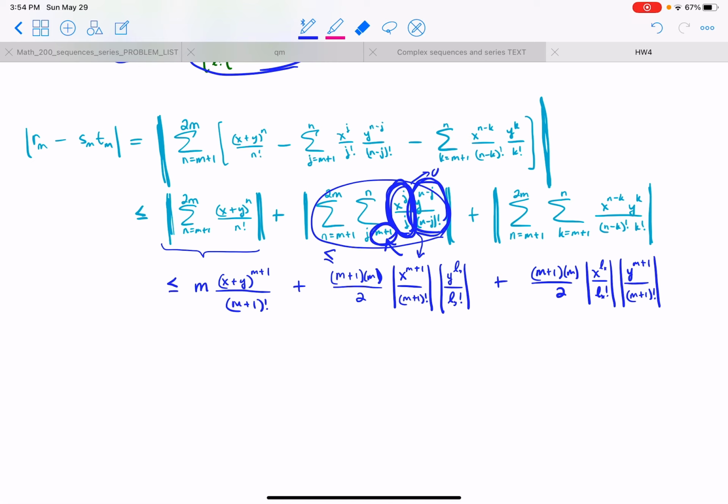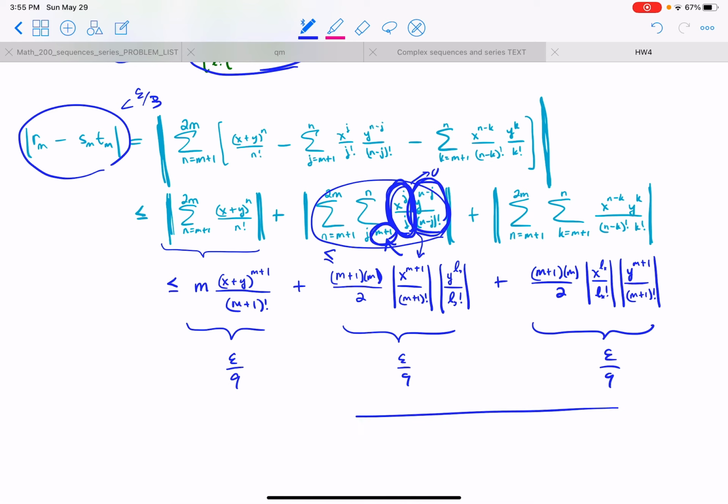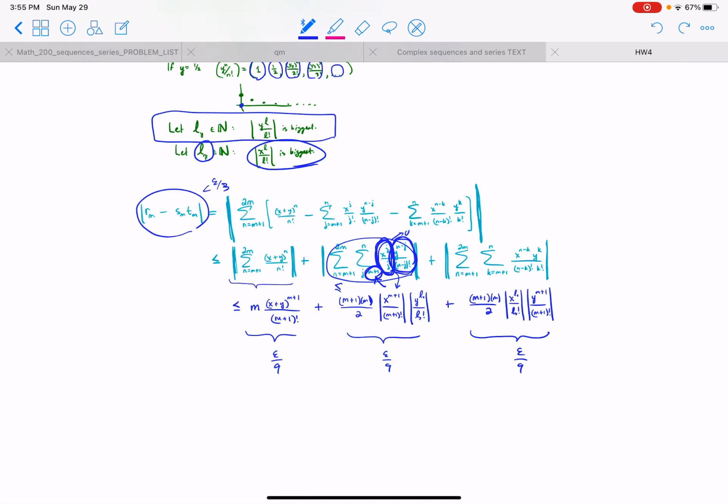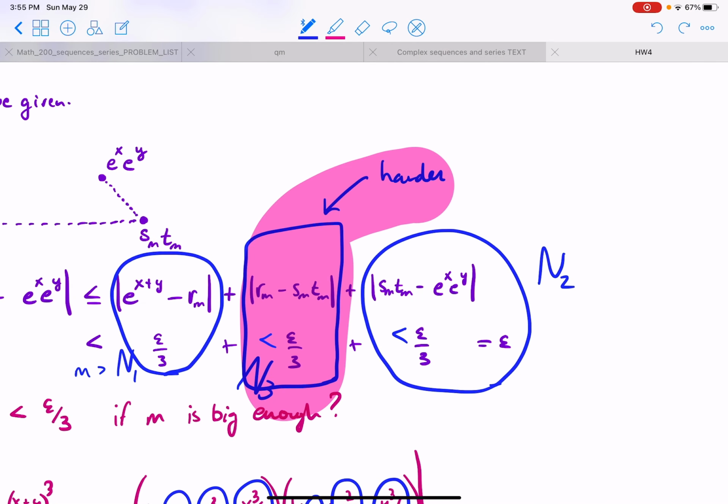What did we want? We wanted this less than epsilon over 3. So let's make this less than epsilon over, divide by 3 again, epsilon over 9. We'll make this less than epsilon over 9 and make this less than epsilon over 9. Then if you add them up together, you get something that's less than epsilon over 3, which is what we wanted, because we're going to add it to these things, which we already said are less than epsilon over 3.